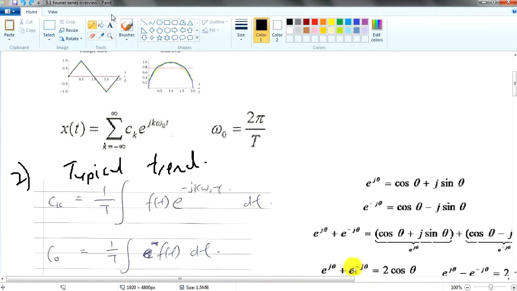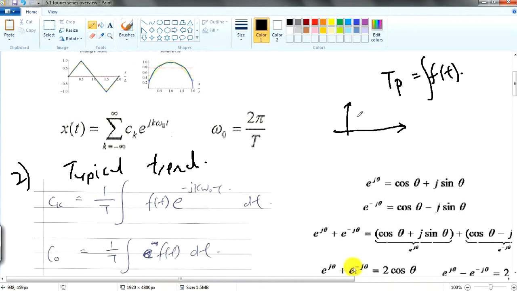From what I know, Tp is actually equal to the integral of f(t), the function. Sorry, it's actually this one. So if you integrate the function of t, you get Tp.